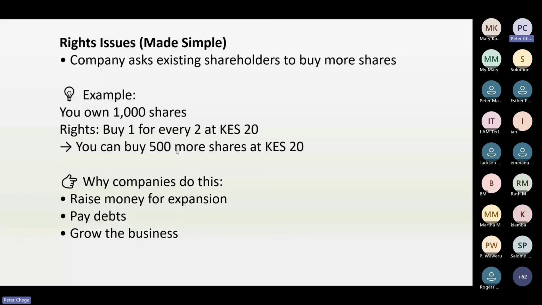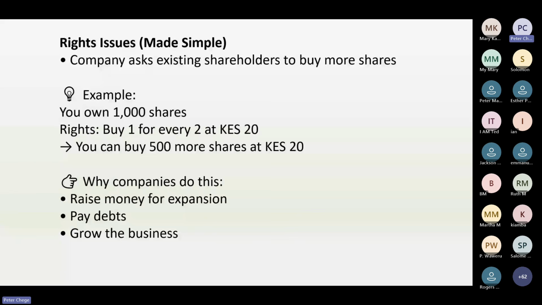So if you own 1,000, and they say for every one share you are entitled to 2 more at 20, you can come and buy. So you get additional shares, around 500 more shares now at 20. You are not buying at current high prices. The reason they do this is to raise money from the investors, maybe to pay a debt.